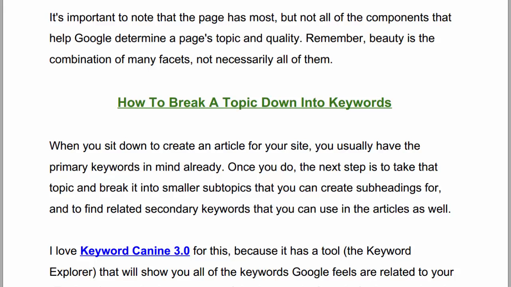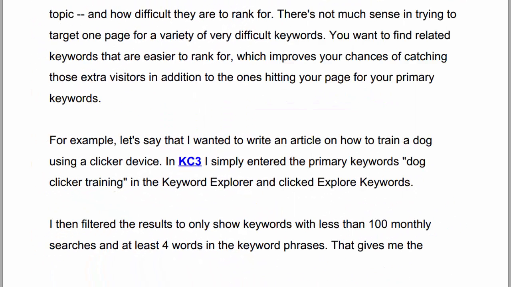I love Keyword K9 for this, because it has a tool, the Keyword Explorer, that will show you all of the keywords Google feels are related to your topic, and how difficult they are to rank for. There's not much sense in trying to target one page for a variety of very difficult keywords. You want to find related keywords that are easier to rank for, which improves your chances of catching those extra visitors in addition to the ones hitting your page for your primary keywords.